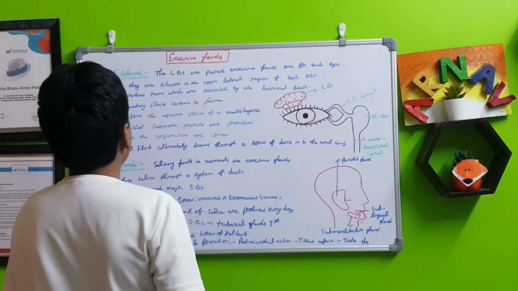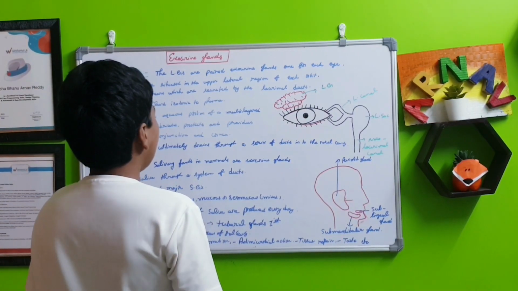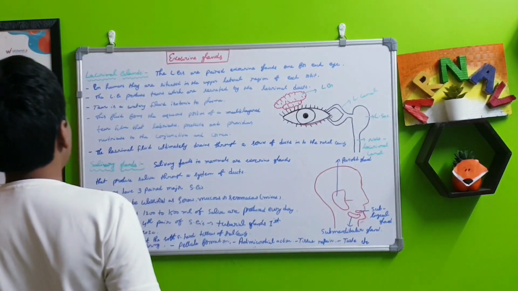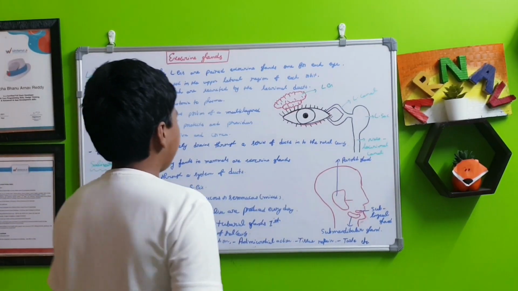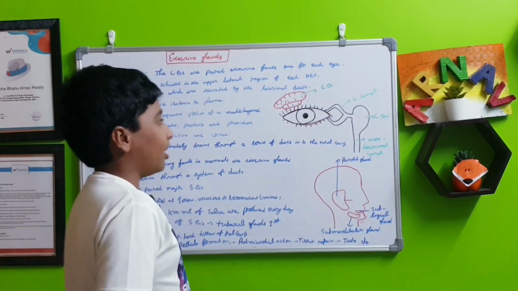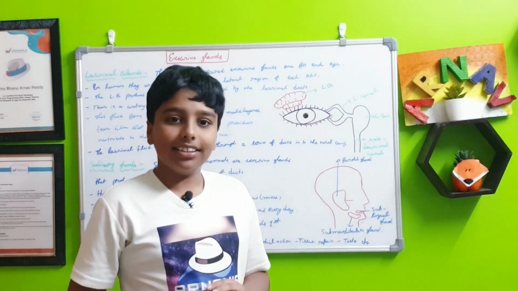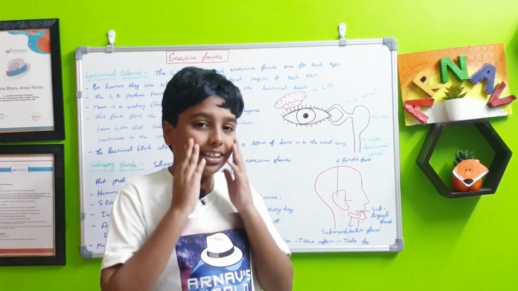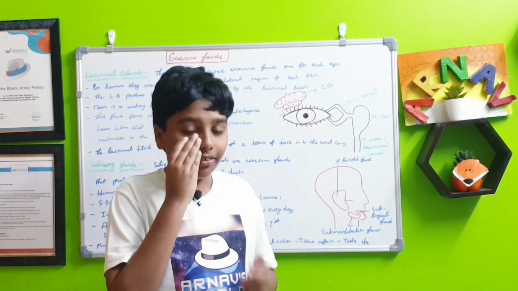This fluid forms the aqueous portion of a multi-layered tear film that lubricates, protects and provides nutrients to the conjunctiva and cornea. If you don't know, these lacrimal glands always produce tears. Instead of making us cry, these tears protect and lubricate our eyes.